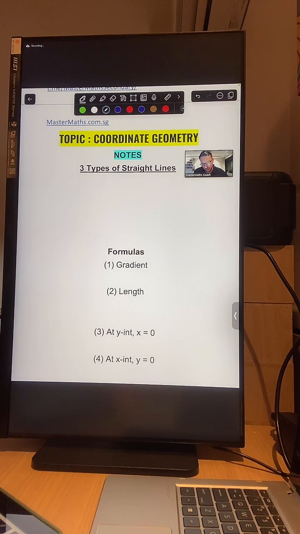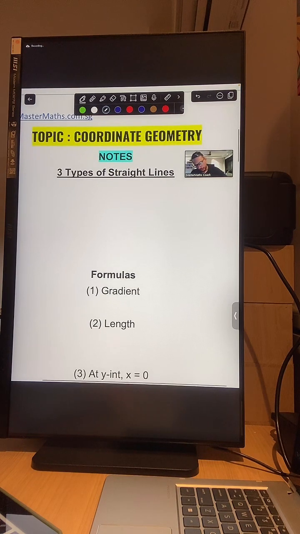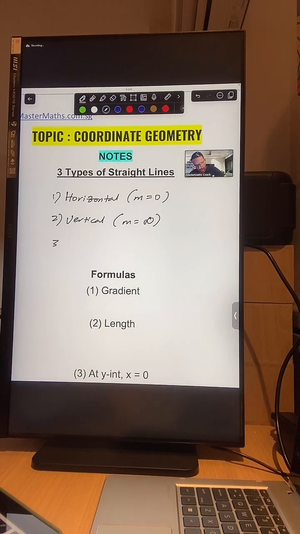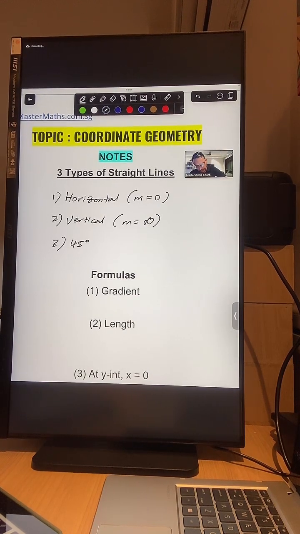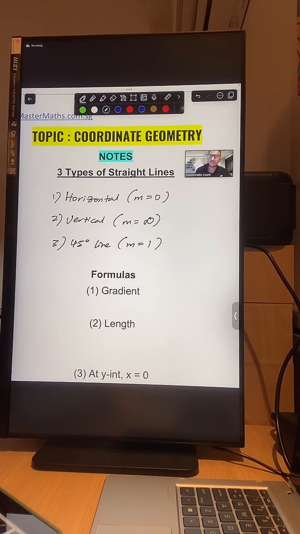You can have your horizontal line, where your m or your gradient is 0. You can have your vertical line, where your m is infinity. And you can have your 45 degree line, where your m is equal to 1.